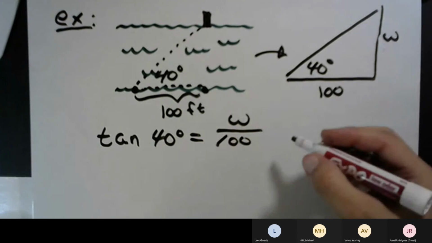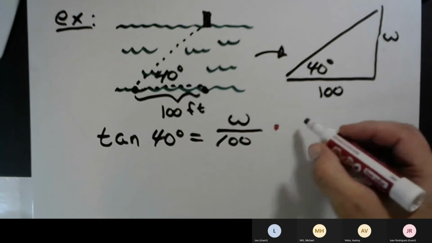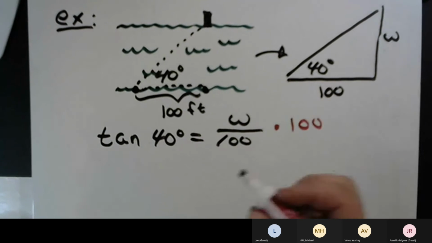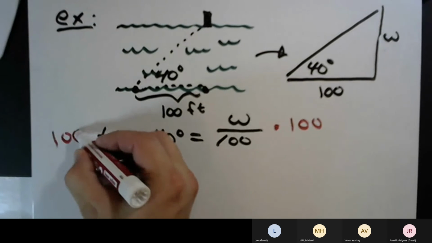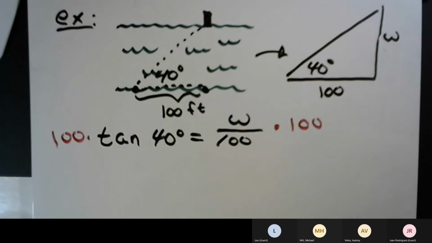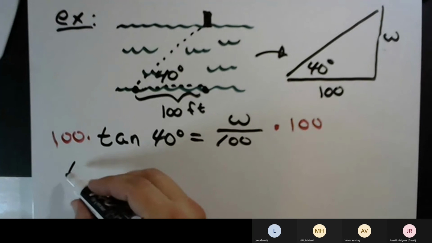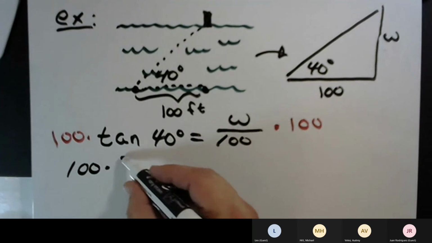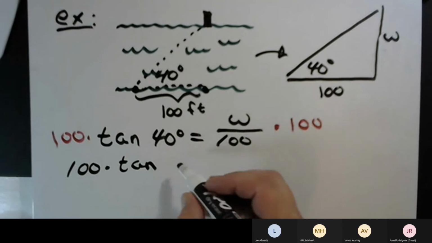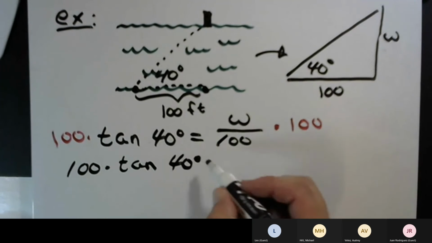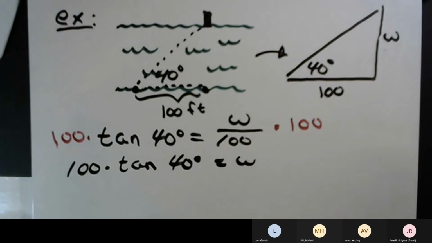So to find the width of this river, we're going to solve for W. And again, we're going to multiply both sides, in this case by 100. So we get 100 times the tangent of 40 degrees equals W.